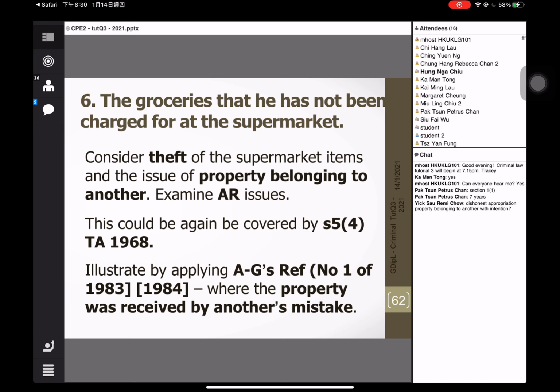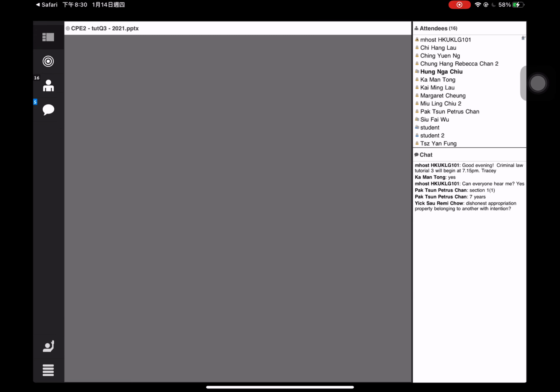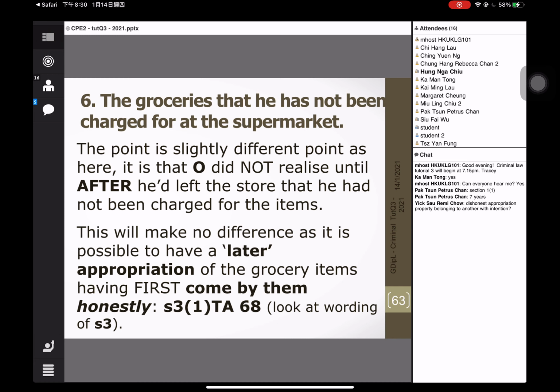We might say, oh, well, the property might have passed, but that's arguable. And even if it did, then it's by mistake, so we can apply Section 5, subsection 4. However, there is a bit of a difference here because Oliver doesn't realise until after he's left the store that he hasn't been charged for certain items.